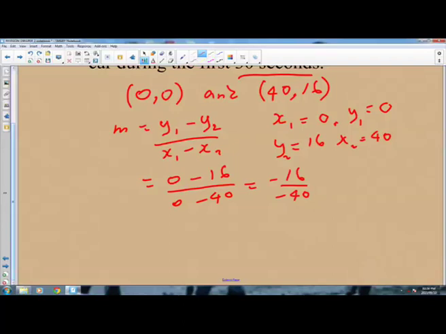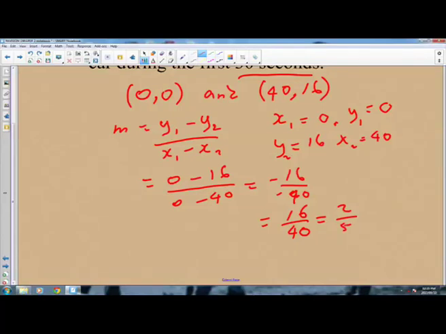And what we can see here is you are dividing a negative number by a negative number, so the negative and the negative will cancel each other. So let's have 16 divided by 40. Then you can look for the highest common factor which can go into 16 and 40. You can check 8. 8 into 16 is 2, and 8 into 40 is 5.